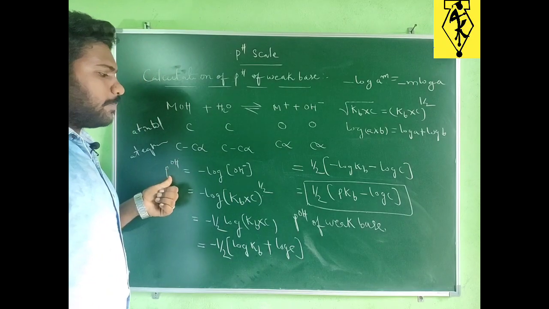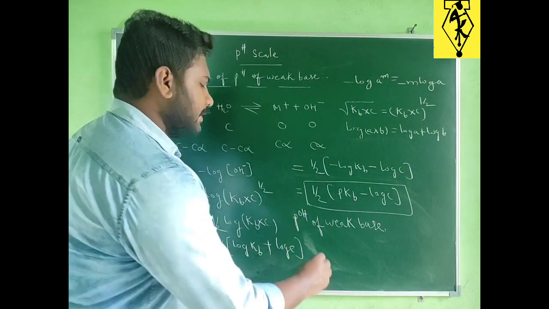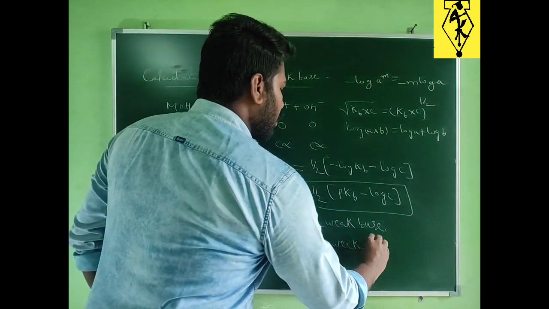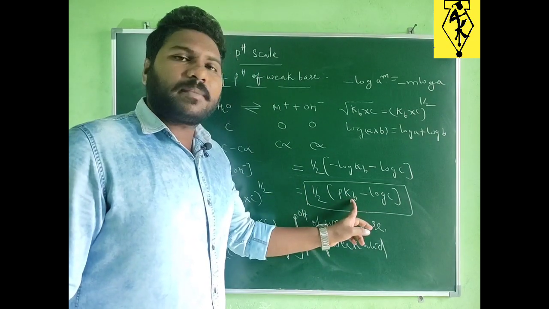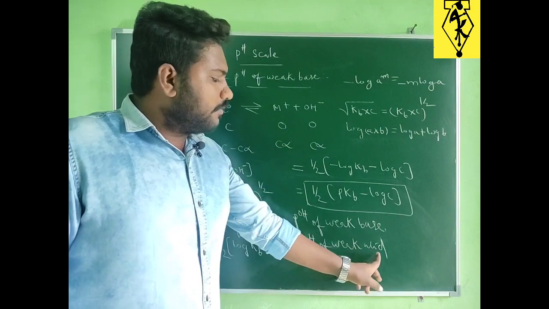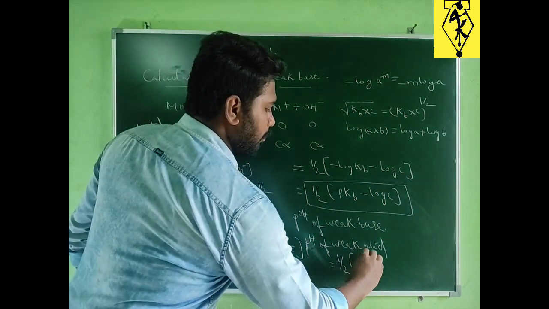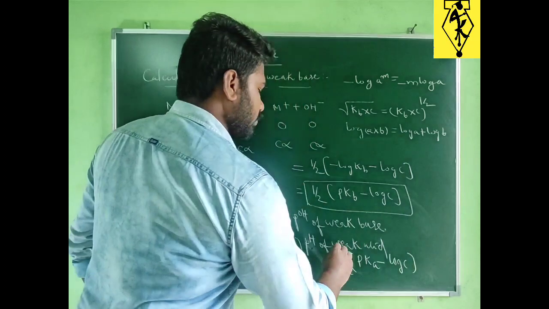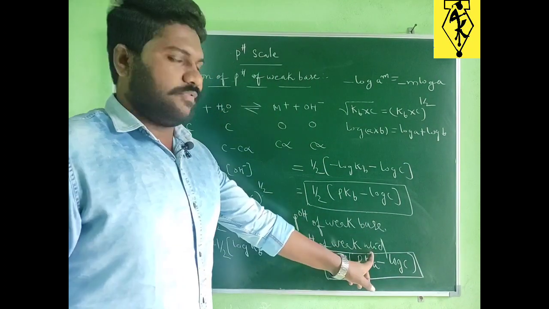In a similar manner, if you want to calculate pH of weak acid, you just replace this pKb term with pKa. Then you have the expression for pH of weak acid. So that is half into pKa minus log C.